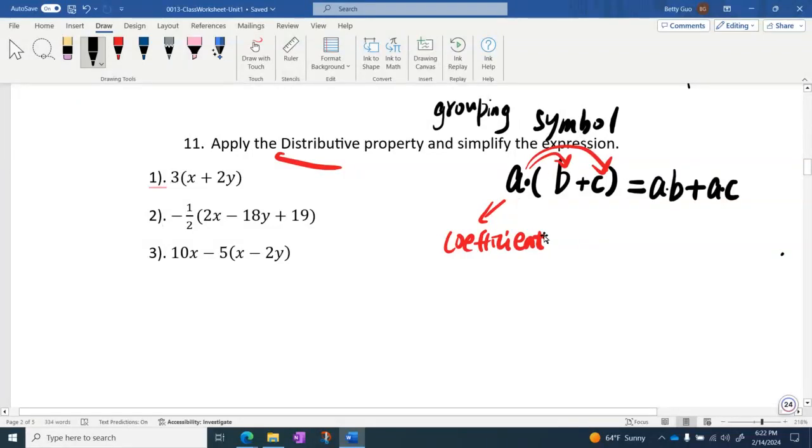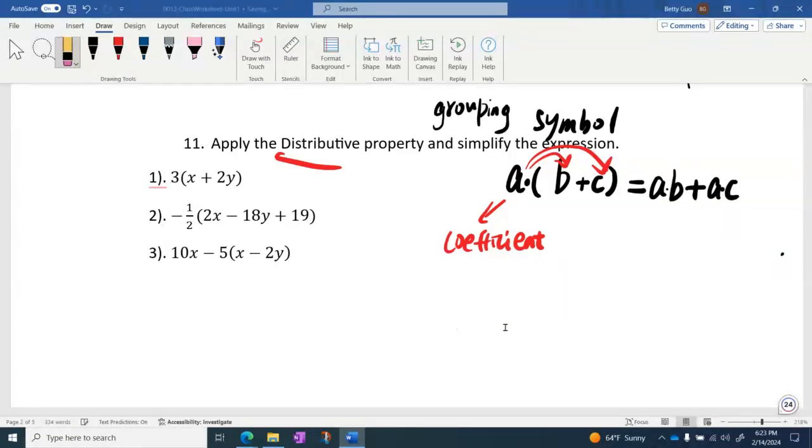Now the group is dismissed, so the benefit is gonna fall to each member. Go with B, so you have A times B, and then go with C, you will have A times C, and then you still have the two terms, so you have AB plus AC. The addition sign is used to connect terms in an expression.